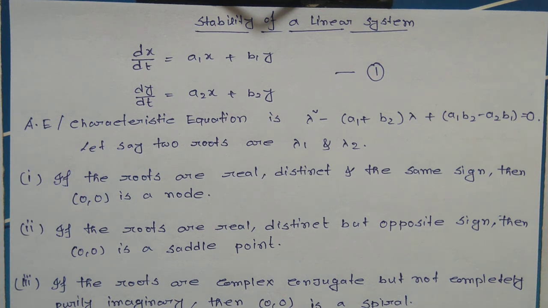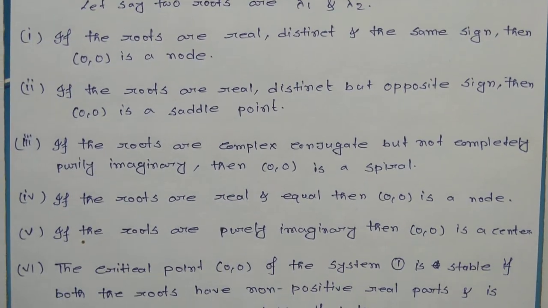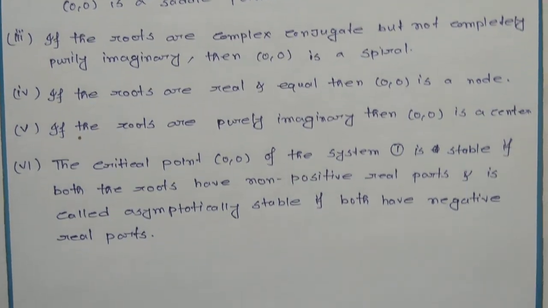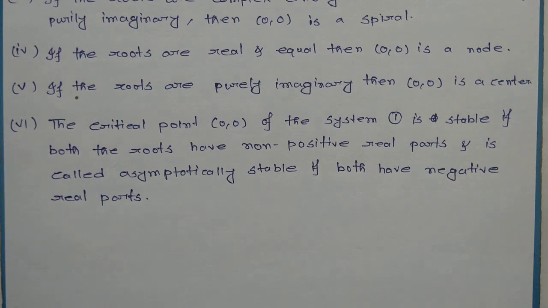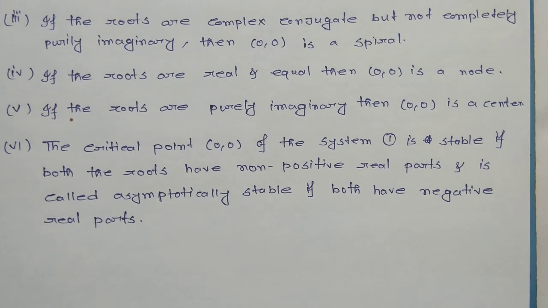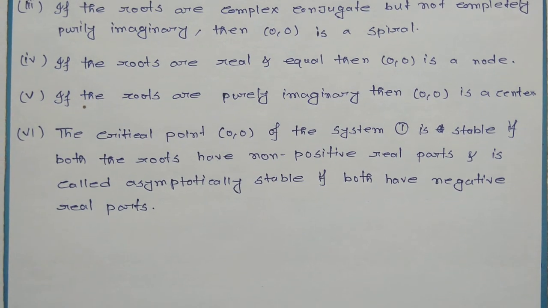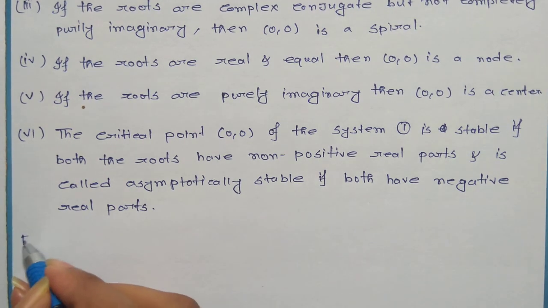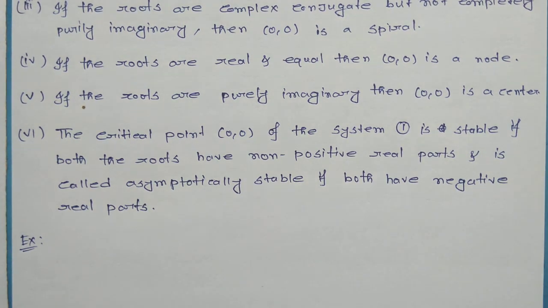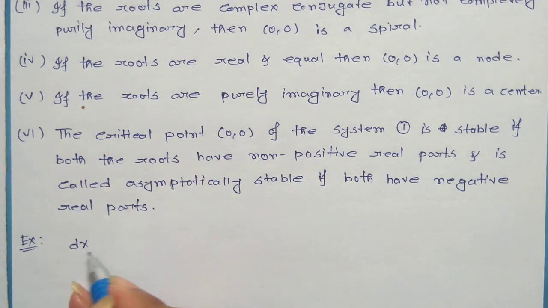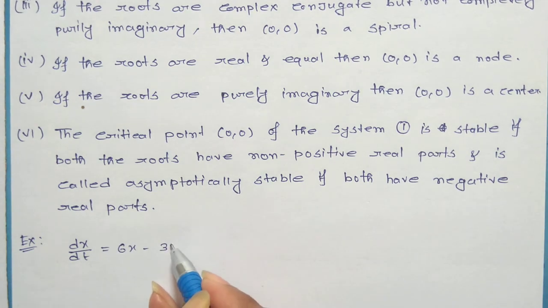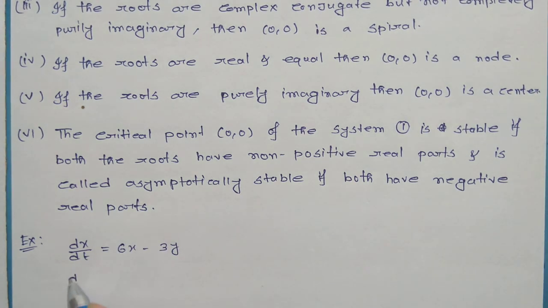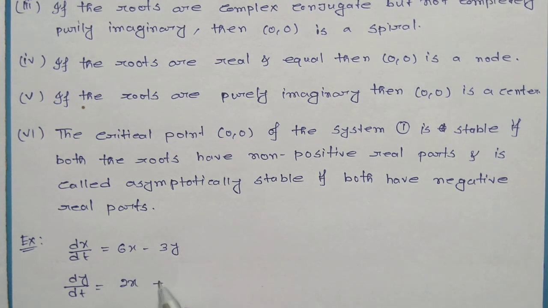Okay, so let's take an example. Consider this system: dx/dt equals 6x minus 3y and dy/dt equals 2x plus y.